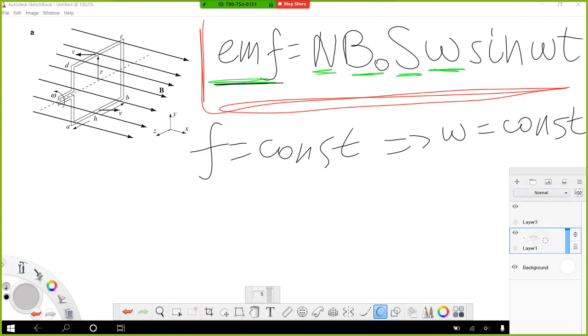Well, now let's discuss another case, which is a more general case of this one, where you have a rotating loop and also a time varying magnetic field.